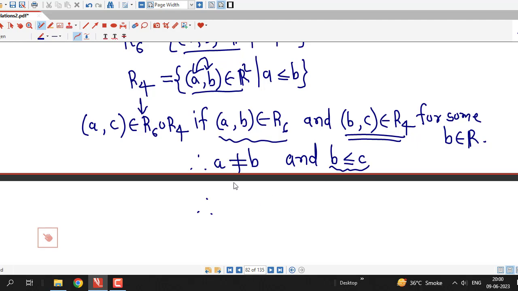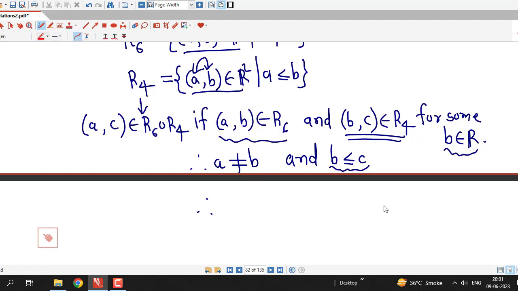So we have to think about whether it is possible to find the existence of a real number b such that these two conditions are satisfied.